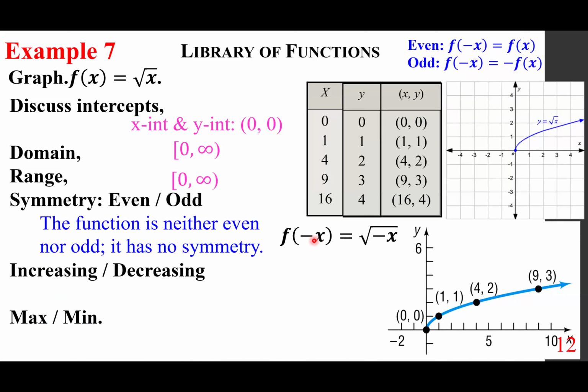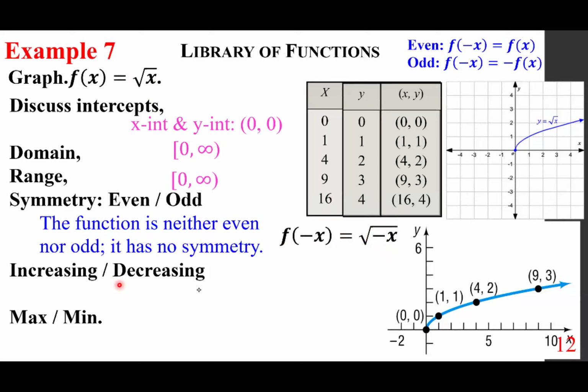And when we plug in minus x, we get square root of minus x. This is neither equal to f of x, so it's not equal to square root of x, nor equal to the negative of that, minus square root of x. So this proves that it's neither nor.